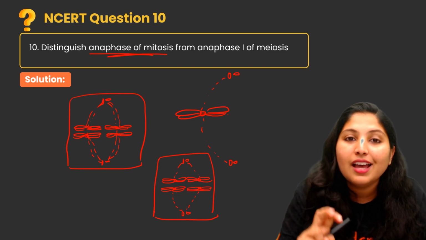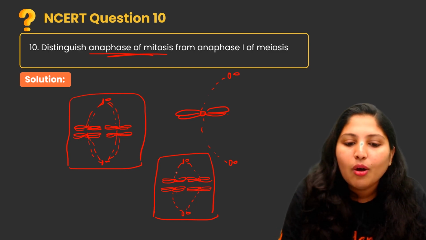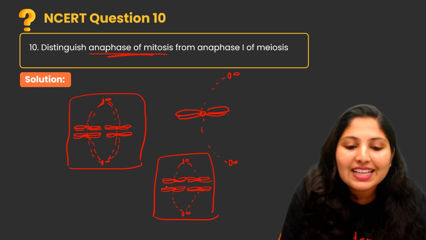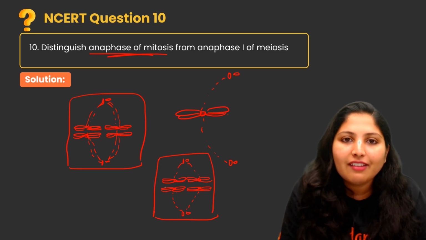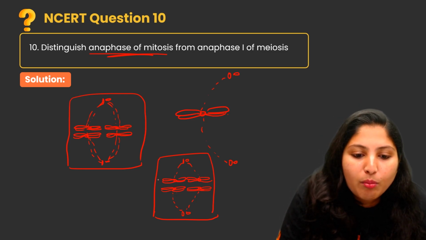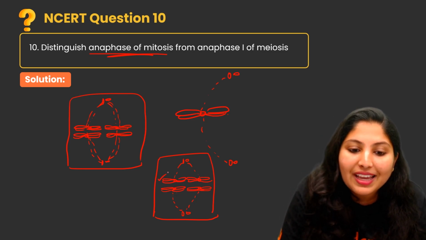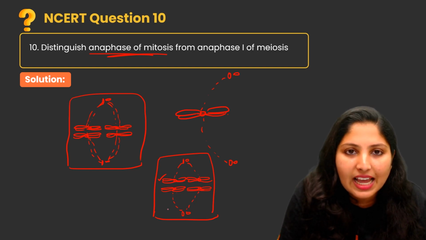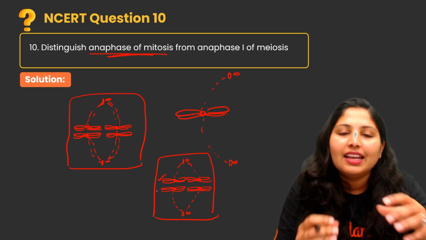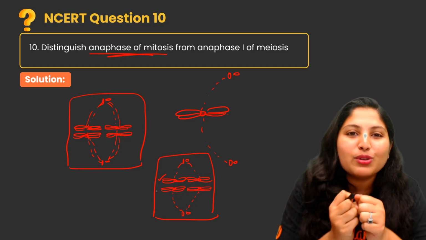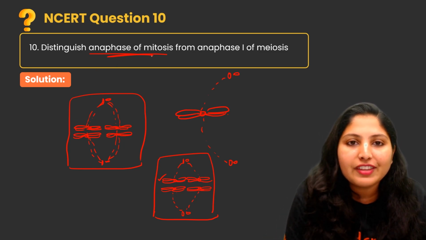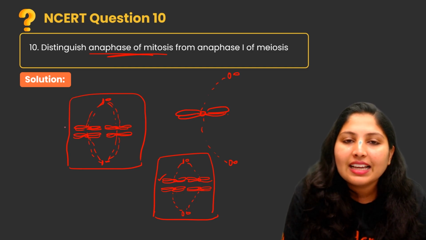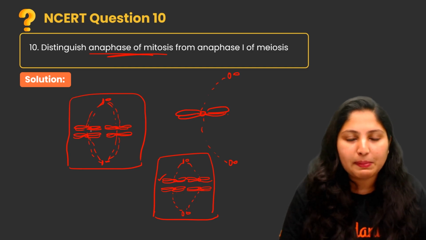Homologous chromosome means 2 chromosomes, in which only one is attached to one side of the spindle fiber. So while pulling, the whole chromosome is moving to one side. Here the homologous chromosome is splitting, but in anaphase of mitosis, the chromatid is splitting.